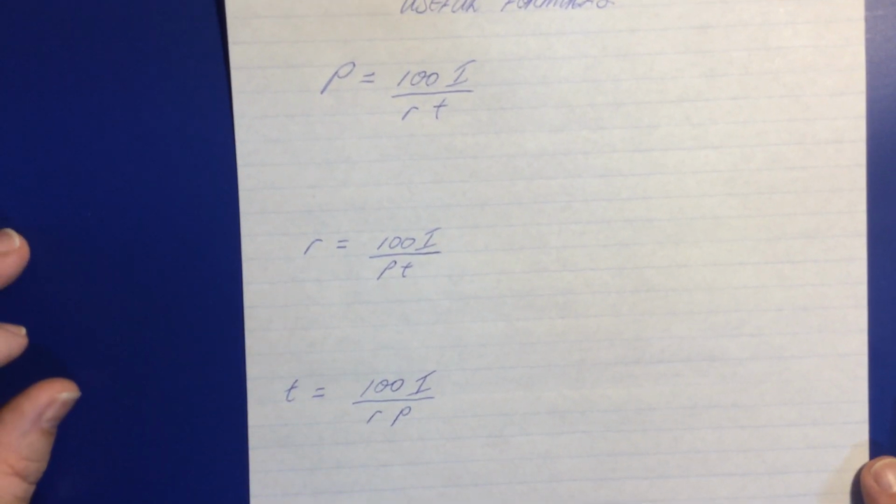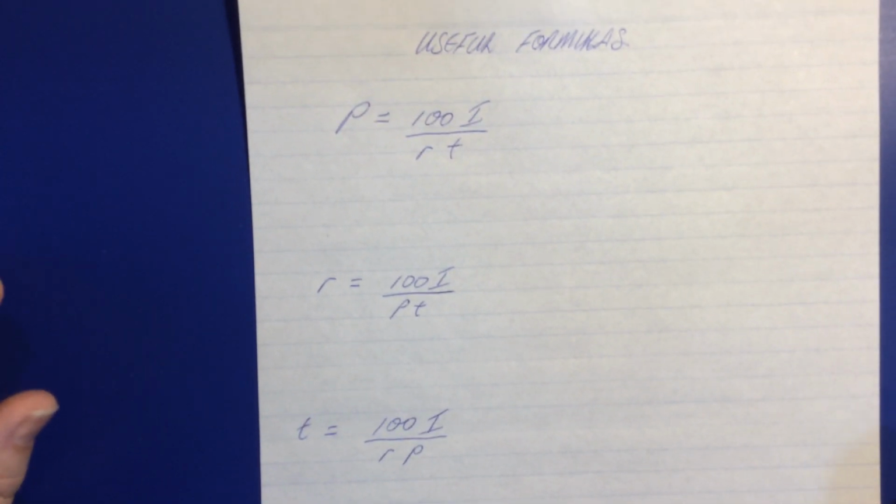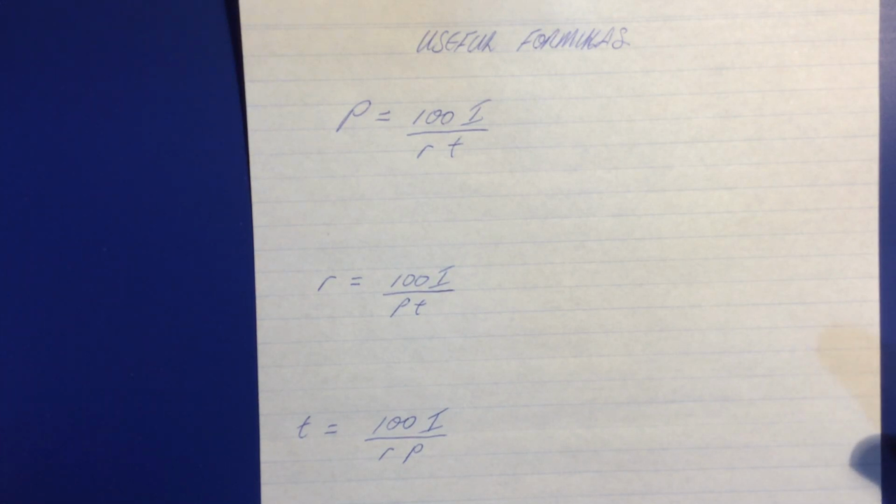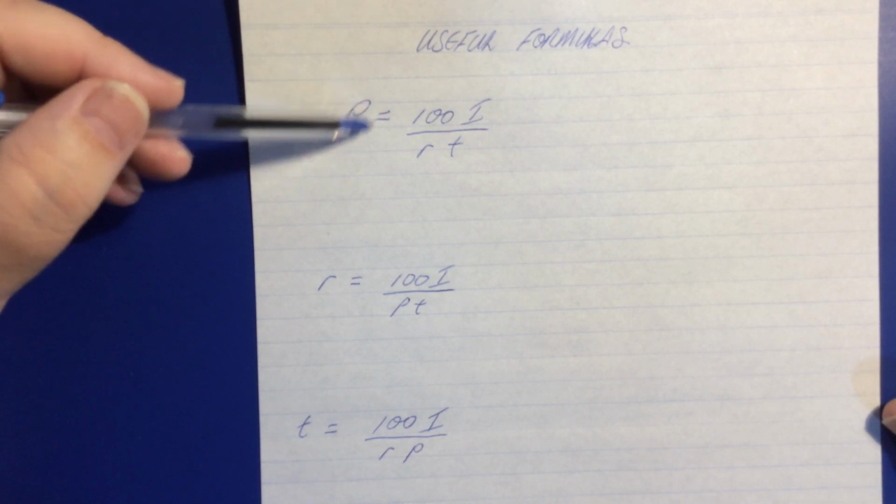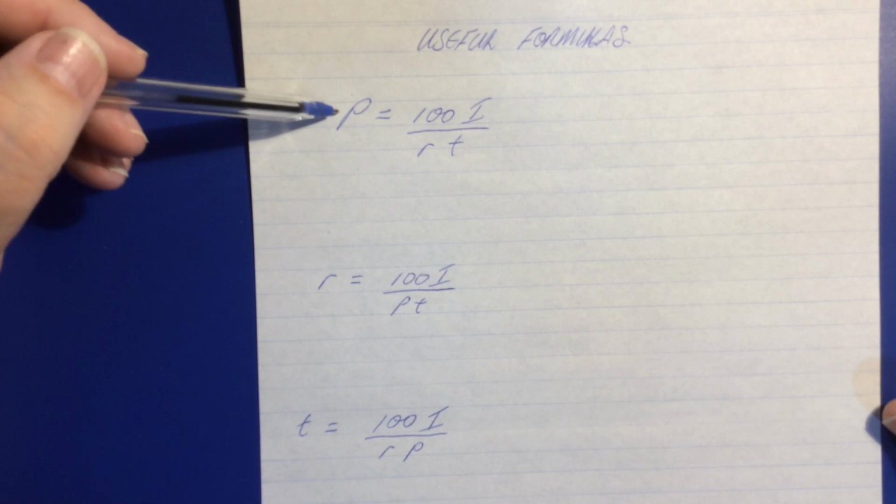So the basic formula is interest is equal to principal times the rate times the time divided by 100. Now, let's say you knew how much interest had been earned, you knew what the rate was, and you knew what the time was, but you did not know what the principal was. Well, this is how you find it.